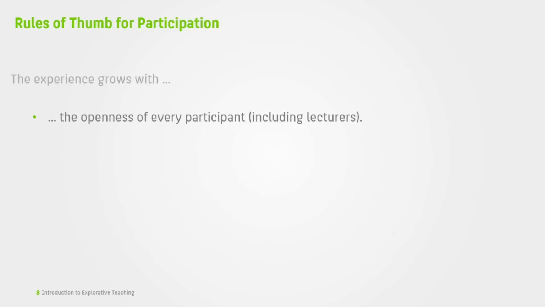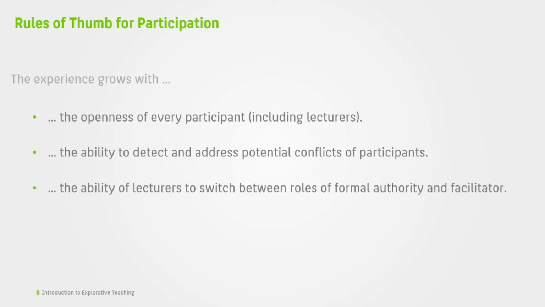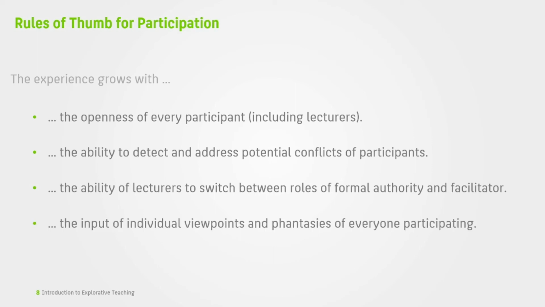Rules of thumb for participation. The experience grows with the openness of every participant, including lecturers. The ability to detect and address potential conflicts of participants. The ability of lecturers to switch between roles of formal authority and facilitator, and the input of individual viewpoints and fantasies of everyone participating.